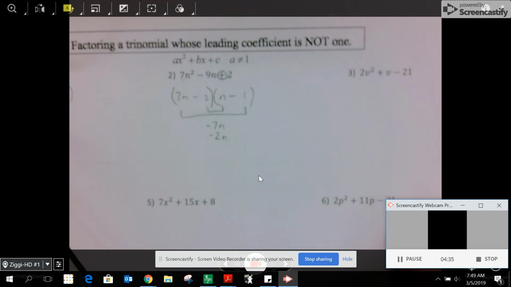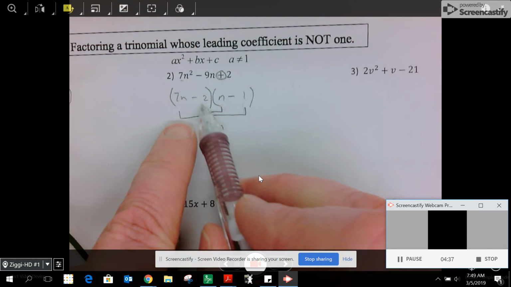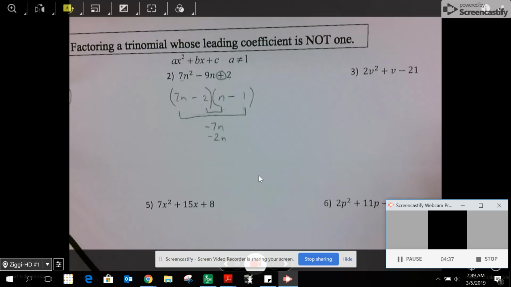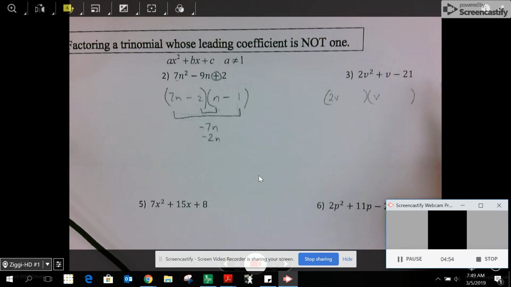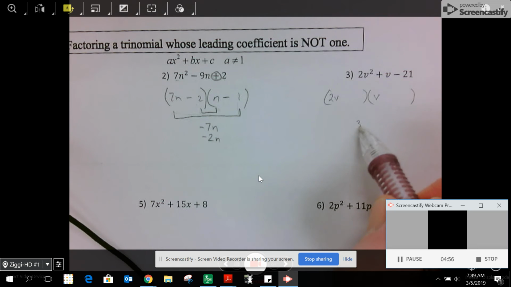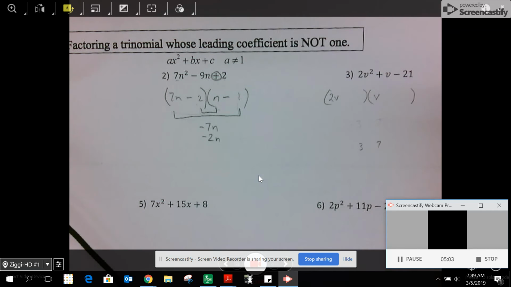Okay, next one. Set it up. 2v and v. Okay, so for 21, I'm pretty sure it's going to be 3 and 7. I mean, I have 21 and 1, but I'm pretty sure it's going to be some kind of combination of 3 and 7. I'm not even going to write the other one down right now. So I have a minus right there. Minus means I'm going to be finding a difference. So I'm just going to write the 3 here and the 7 here.